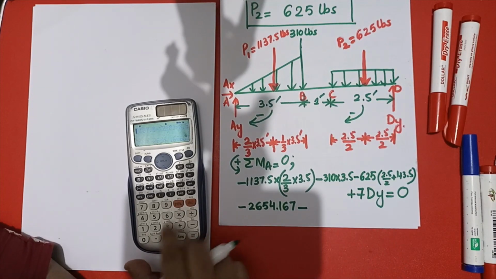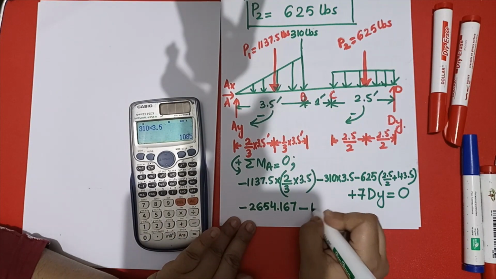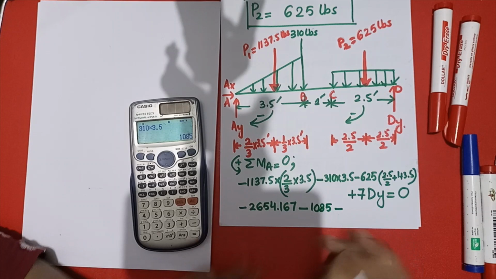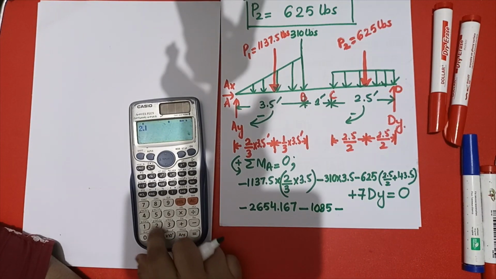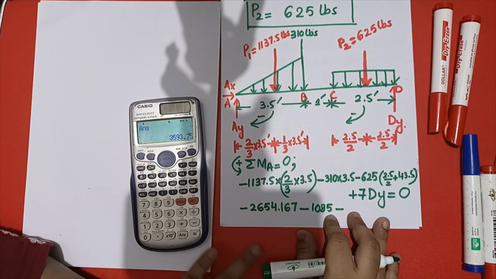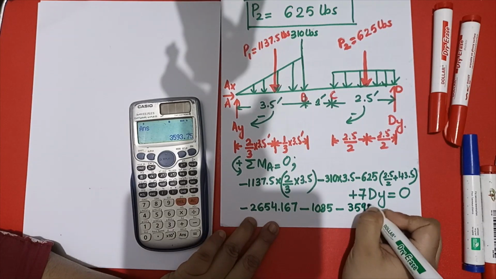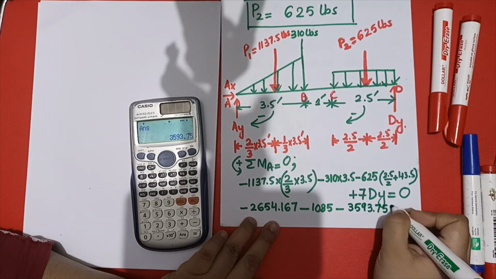Then 310 multiplied by 3.5 is 1085. Then 2.5 divided by 2 plus 1 plus 3.5, multiplied by 625, comes out to be 3593.75, plus 7 Dy.